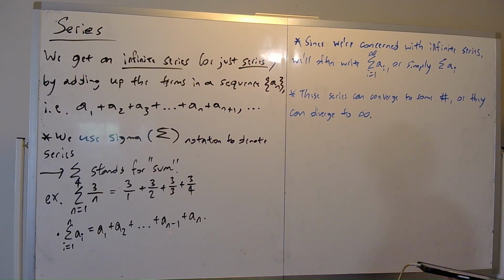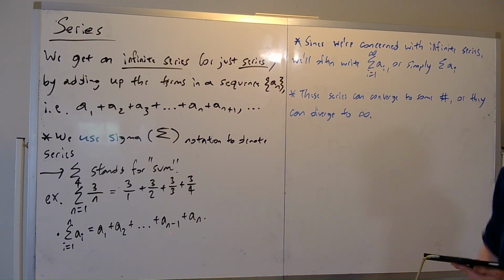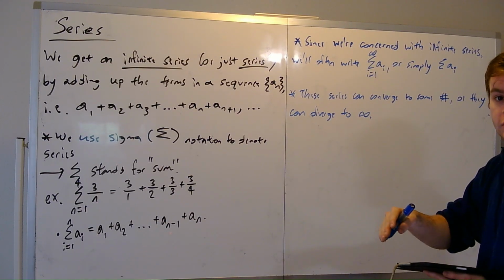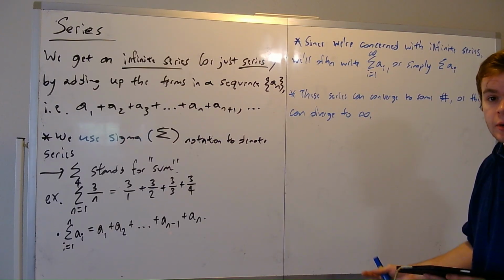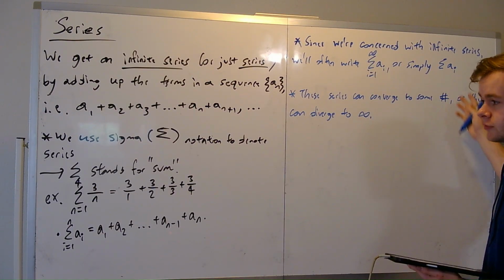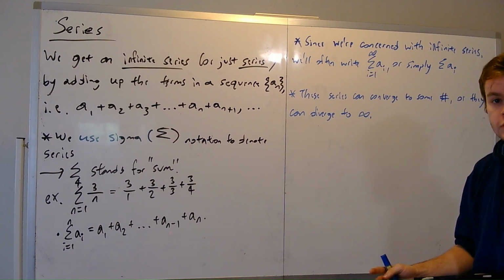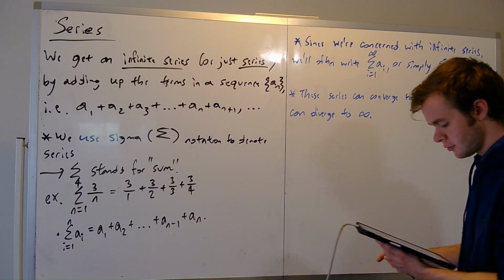Right, so those are two options. Whenever you add together all the terms in the sequence, eventually you're going to come to just some number. If you add together all the infinitely many terms, you're going to either approach a number or you're just going to approach infinity, right? So those are our two options.